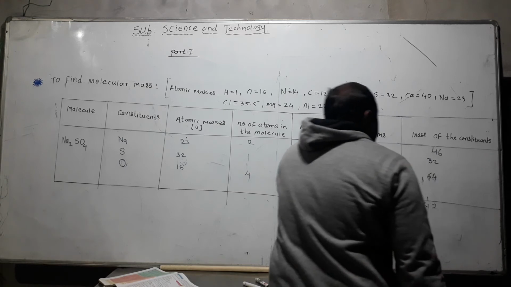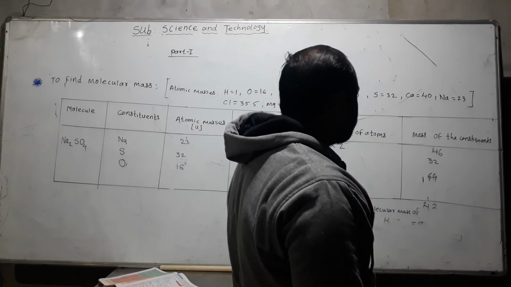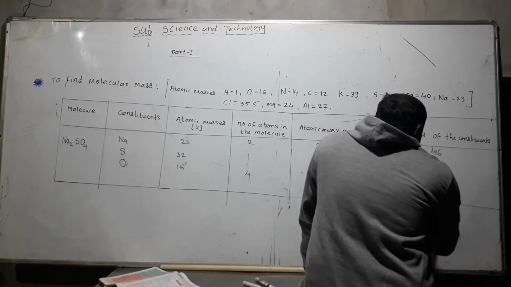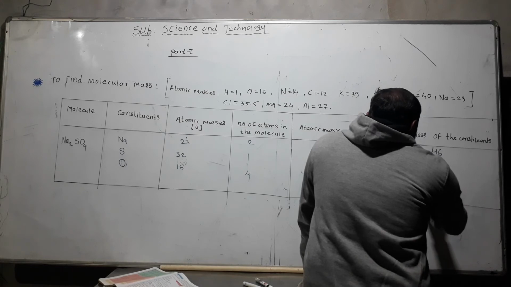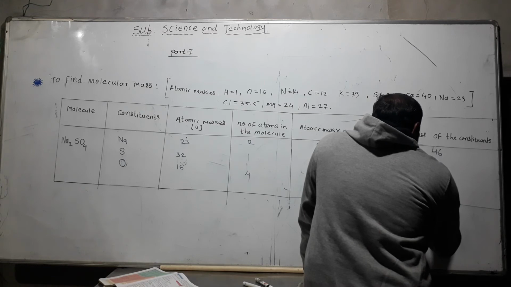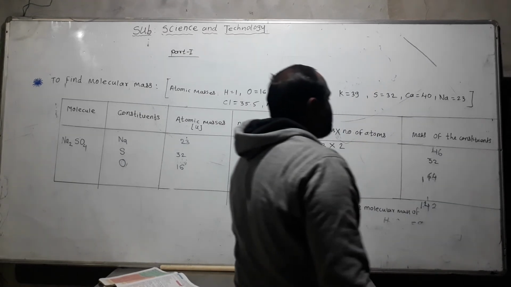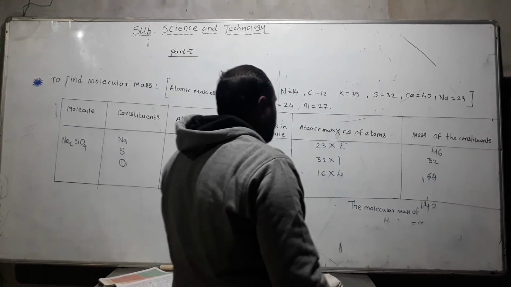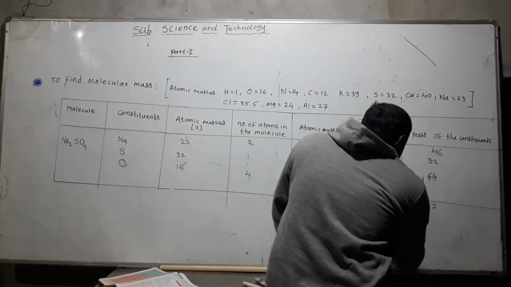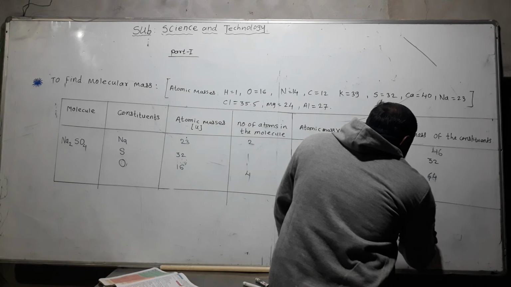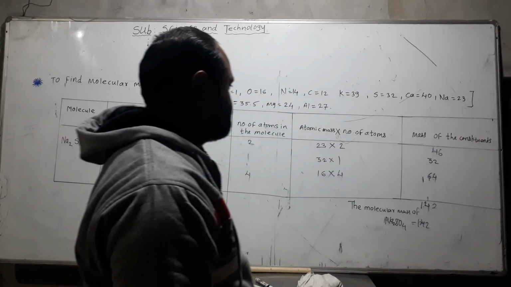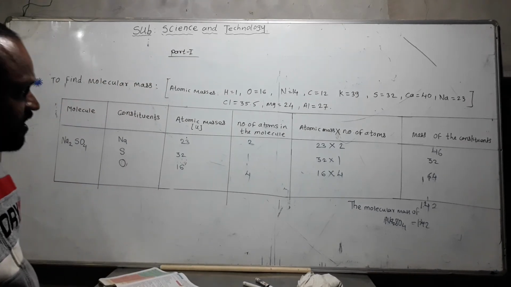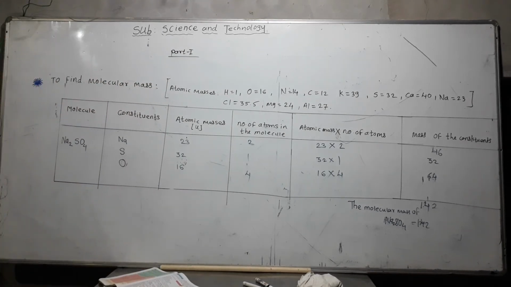Now the molecular mass is 142. The molecular mass of Na2SO4 is 142. Then again, we have to find the next example.